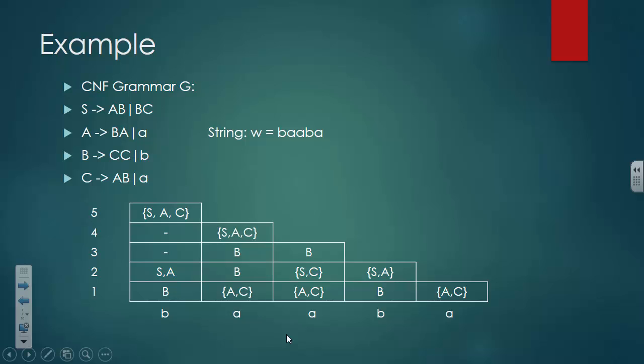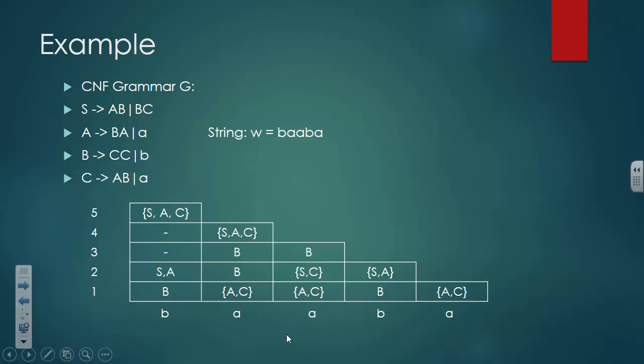Once row 2 is reached, the Cartesian product of the first two boxes in row 1 is used. For instance, B is multiplied first by A and then by C, giving the values BA and BC. Then we check the first value, BA, and notice that it can be generated by the production A. Then we check the value BC, which can be generated by the production S. Then an S and an A are added to the first column of the second row.